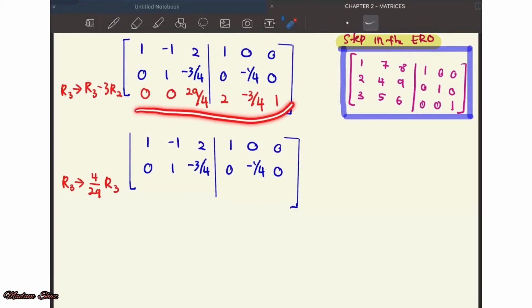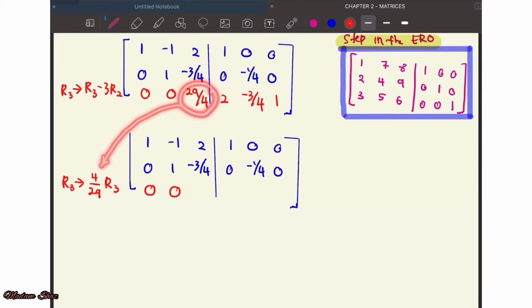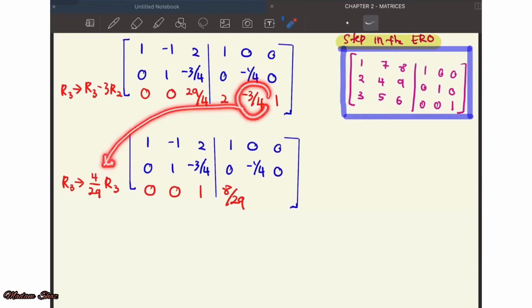Every element in row 3 should be multiplied with 4 over 29. 0 multiplied with 4 over 29 will become 0. 0 multiplied with 4 over 29, 0. 29 over 4 multiply with 4 over 29 will become 1. 2 multiply with 4 over 29, 8 over 29. Negative 3 over 4 multiply with 4 over 29 will become 3 over 29.